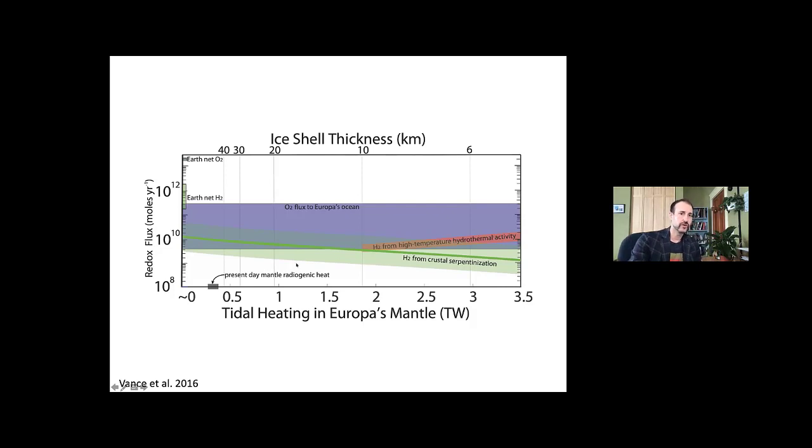In both cases, though, the amount of hydrogen is roughly in that 10 to the 9th, 10 to the 10th range that I showed you earlier from Hand et al. Depending on what the oxidant flux is, whether it's the lower bound that I mentioned or that upper bound, you either have a situation like the Europa case that I mentioned earlier, where the oxidants and reductants are matched, or in this more optimistic extreme, you have a case where the oxidants are also an order of magnitude higher than the reductants.